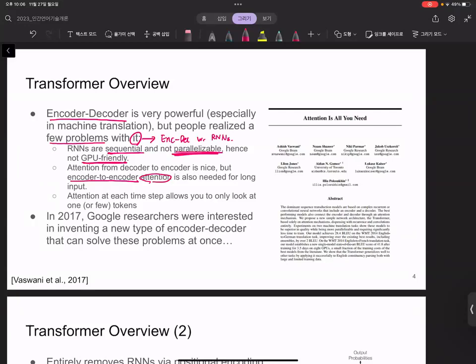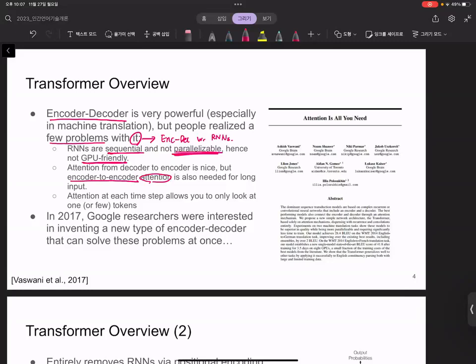Suppose that we have very long sequences and the conventional RNNs. If we have very long sequences, there is no way for the early tokens to influence the final output strongly, right?